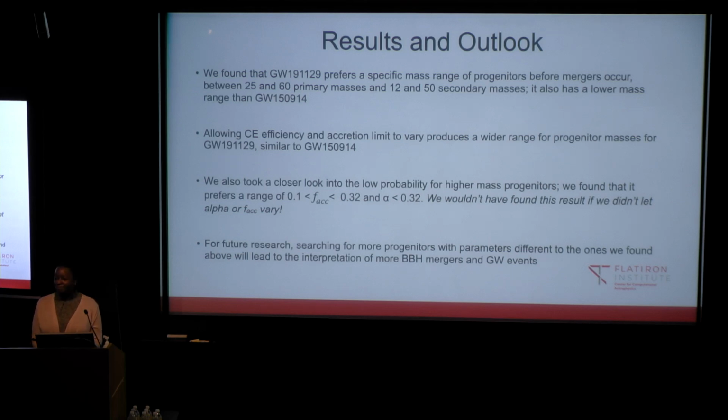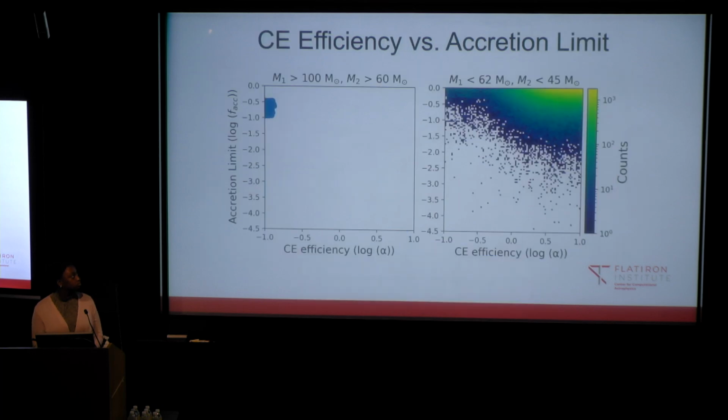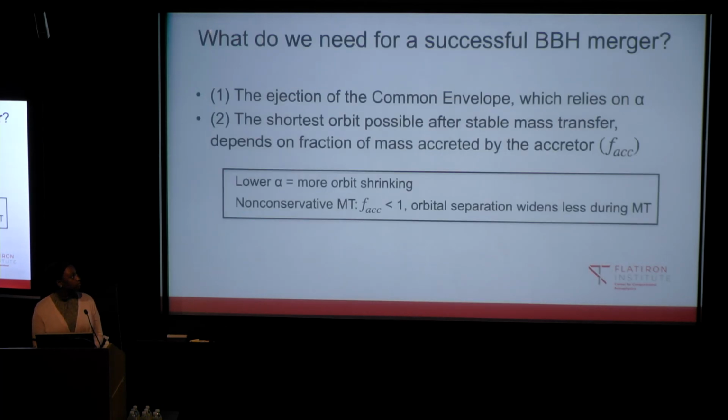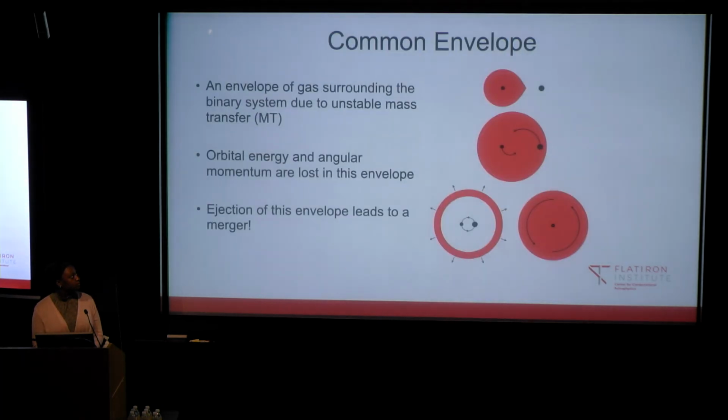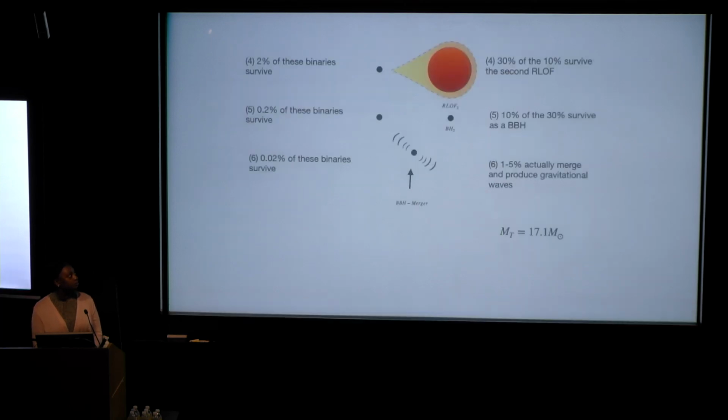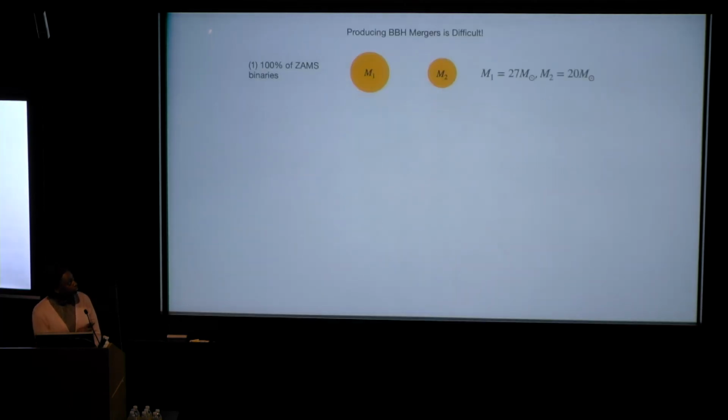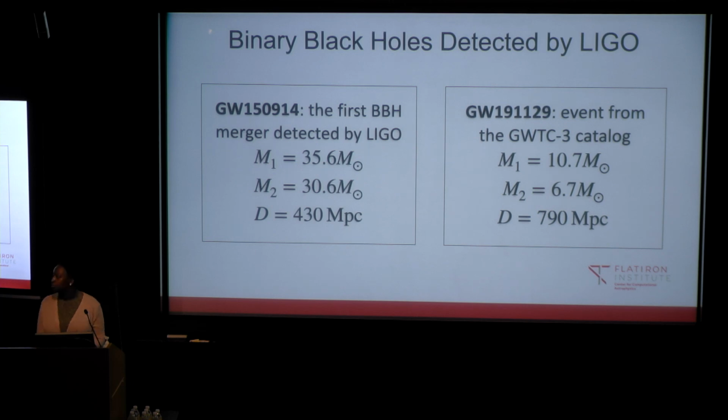Okay, I actually have a question. At the beginning you showed the statistics for these two events, and GW150914 seemed like it had much higher masses and was much closer. And the one that was of interest to you had lower masses and was farther away.